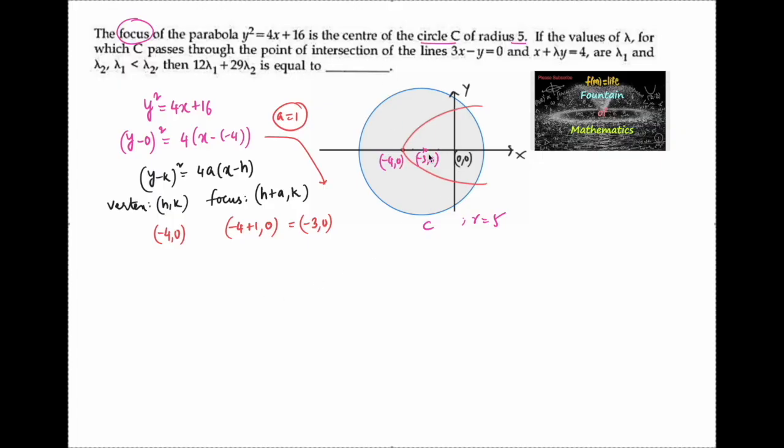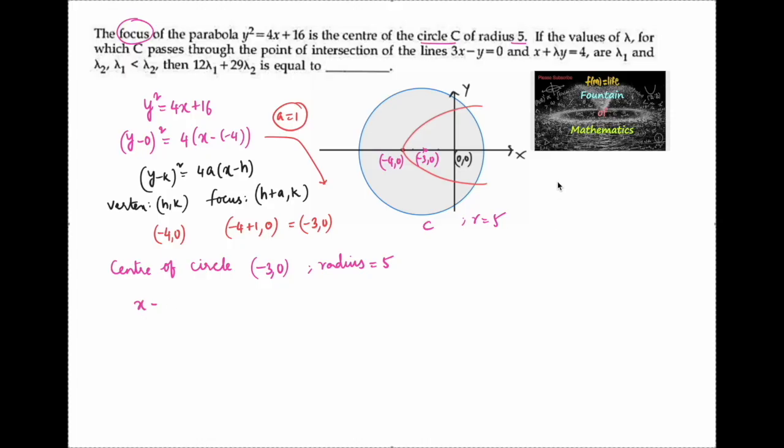Since the center of the circle is the focus, the center of the circle is minus 3 comma 0 and the radius of the circle is 5 units. So we can write the equation.